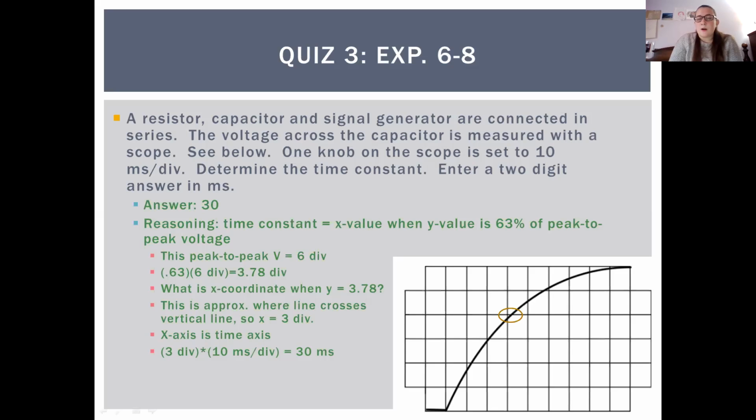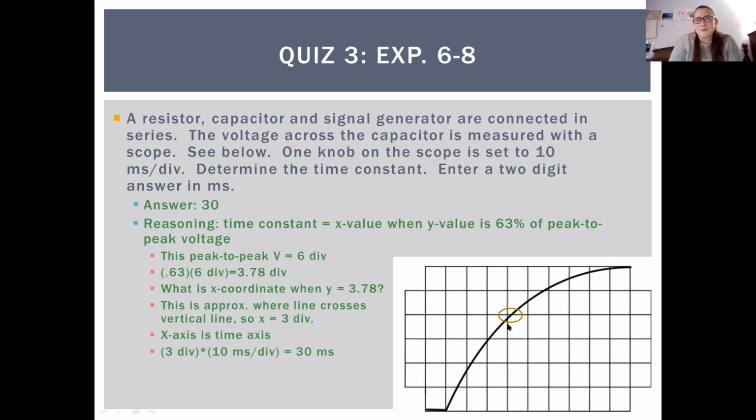So we want to figure out the x value when this line has gone up 3.78 boxes. I just took that to be this convenient location right where it's crossing the vertical line.